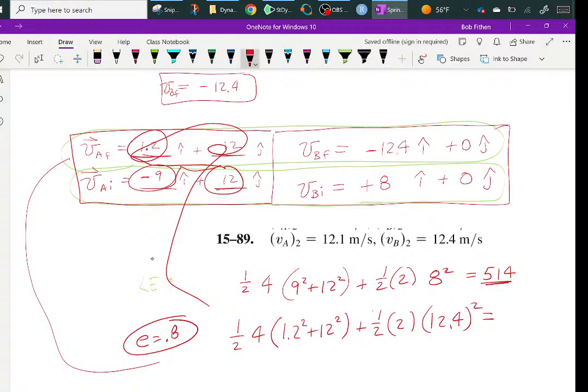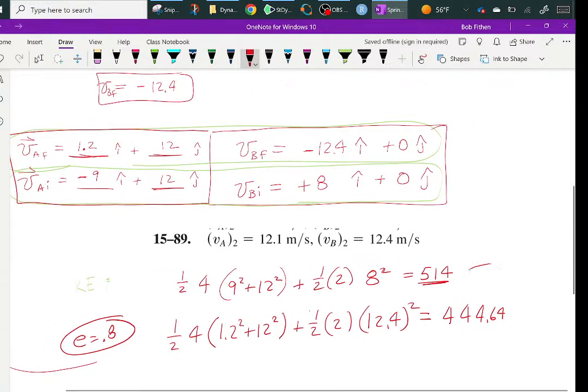Now what I'll do is see what that is, and that ends up being 444.64. So we lost some energy going from here to here.